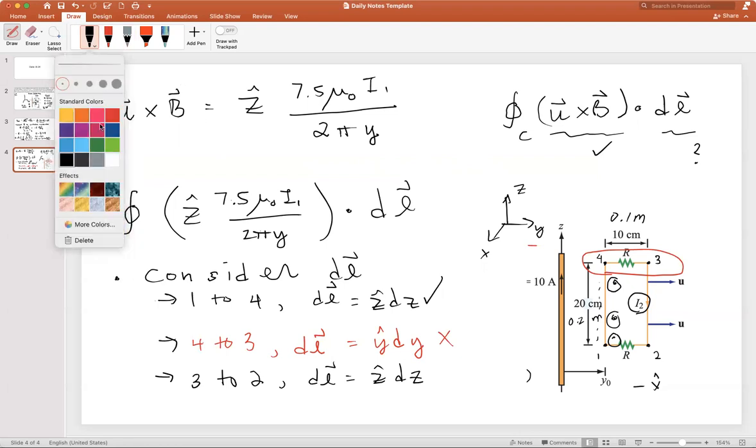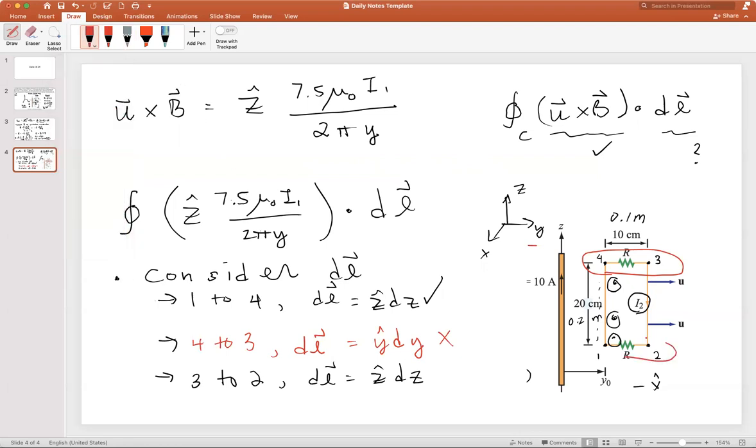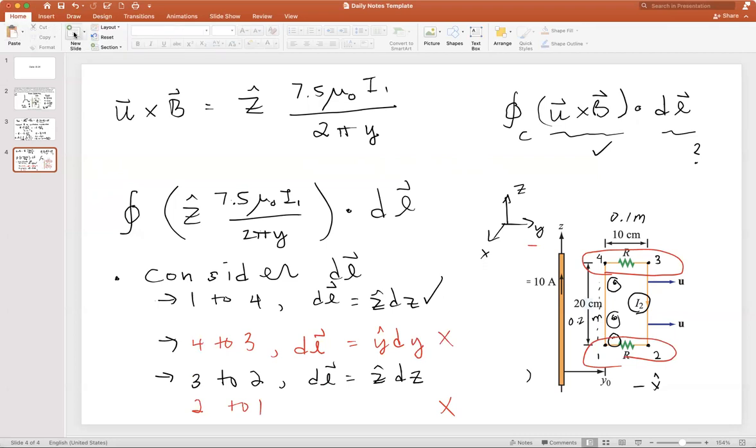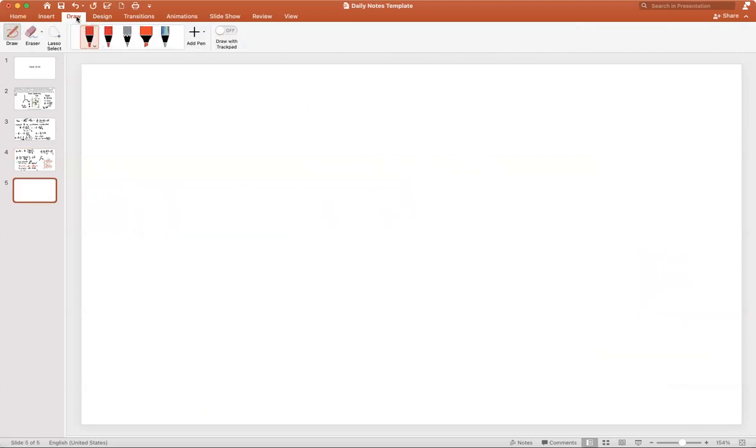And lastly, for the path from 2 to 1, we can see that this one is also going to be equal to 0 when we take this dot product. So the path from 2 to 1 will not contribute to the final result. Now that we know which paths contribute to the final result, we can break up our integral. And I will finish showing you the integral in the last video.